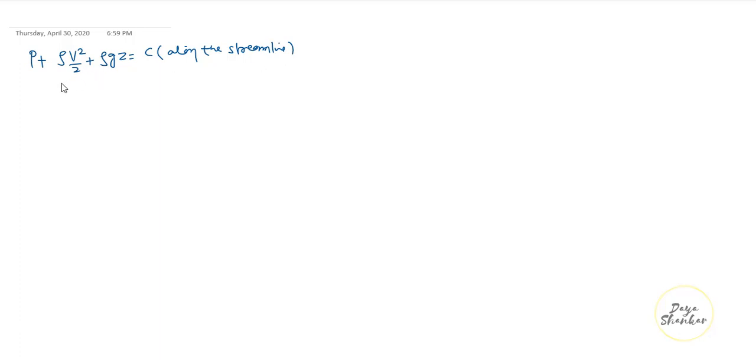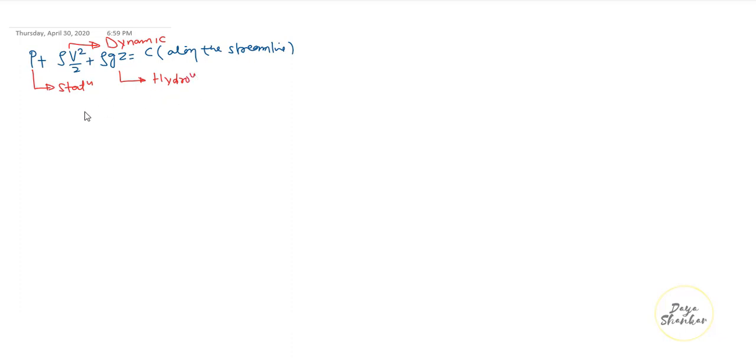We also know from last class that this P is known as the static pressure, this is known as the dynamic pressure, and this one is nothing but the hydrostatic pressure term.